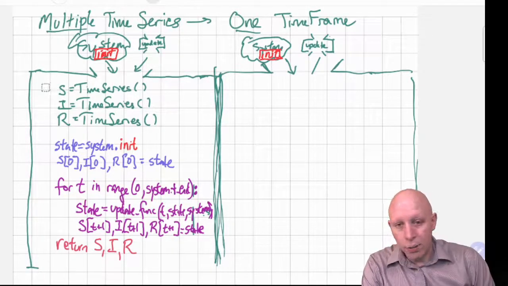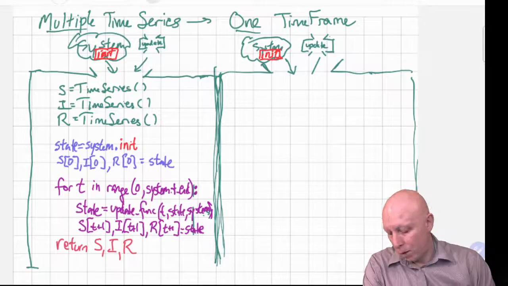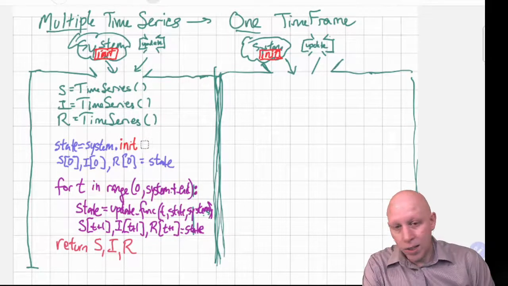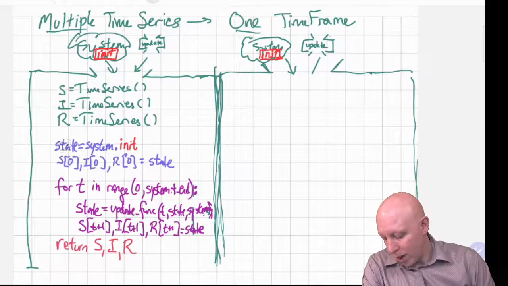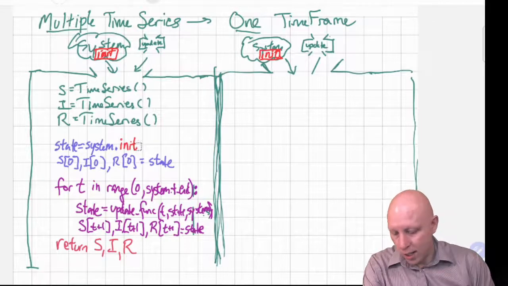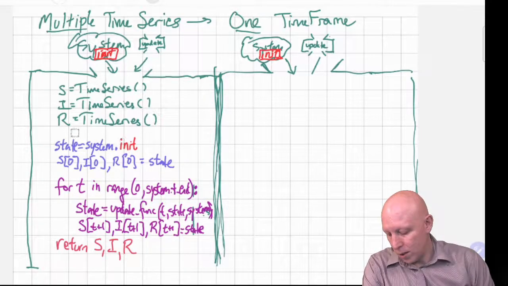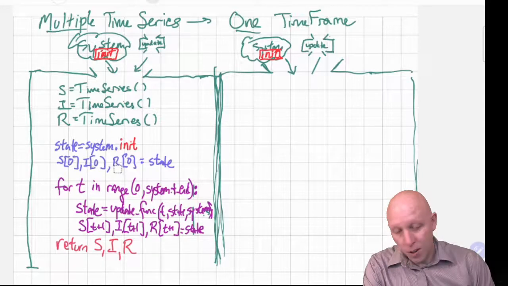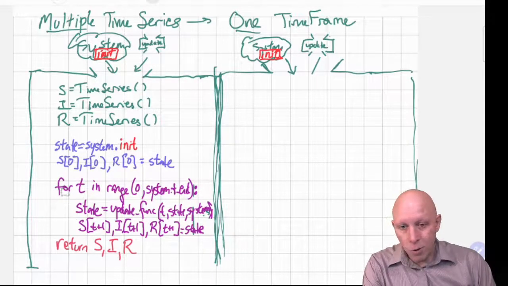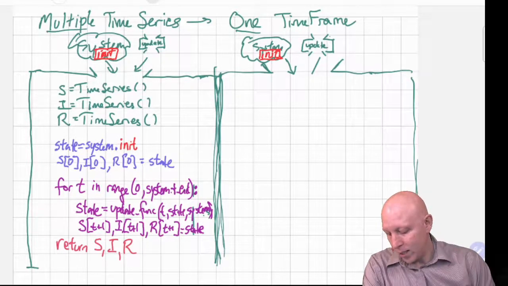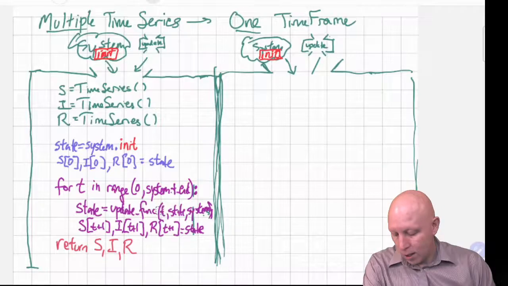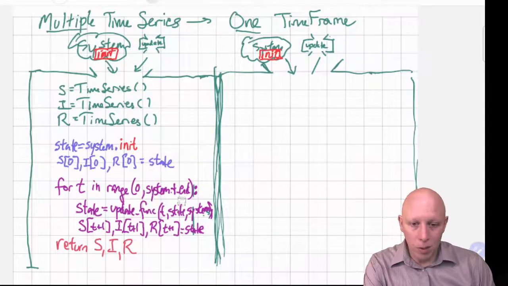We created 3 different time series objects, and we initialized that information by writing down here's what the initial state was, bringing that into our local variables. We then initialized the values of the first times for S, I, and R. And then we ran our for loop to actually run the simulation, incorporating our update function, which was able to go from time t to time t plus 1.